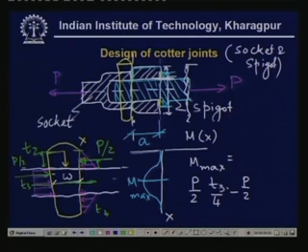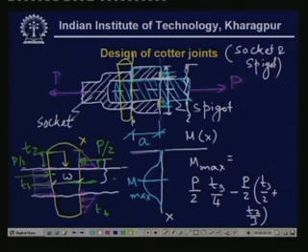So this is T3 by 4 and P by 2 acts at this distance, which is equal to T3 by 2 plus 1/3 of it. So this is M max. We have calculated M max.